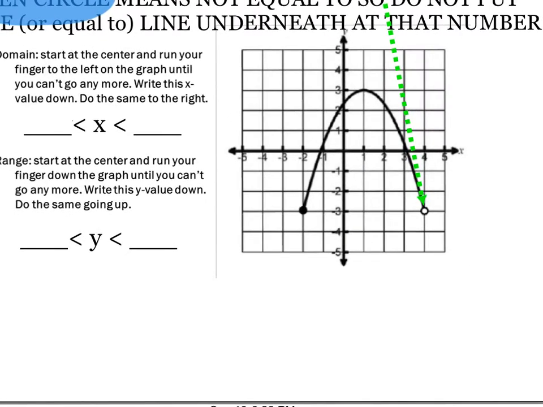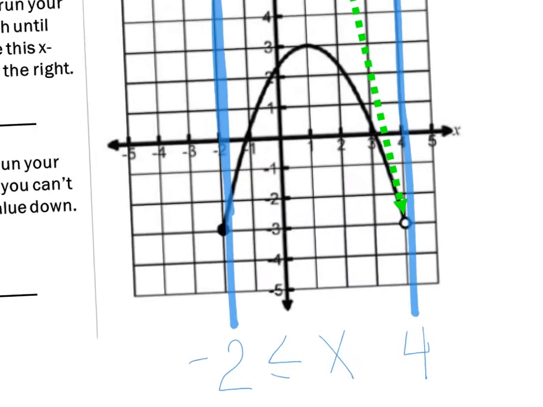Our domain is going to be from -2 to 4. Now on -2, it is filled in, so I'm just going to write -2 down here. And I'm also going to write a 4. So -2 is filled in, so right next to my x, I'm still going to put that line underneath. But on 4, do you see that it's an open circle right there?